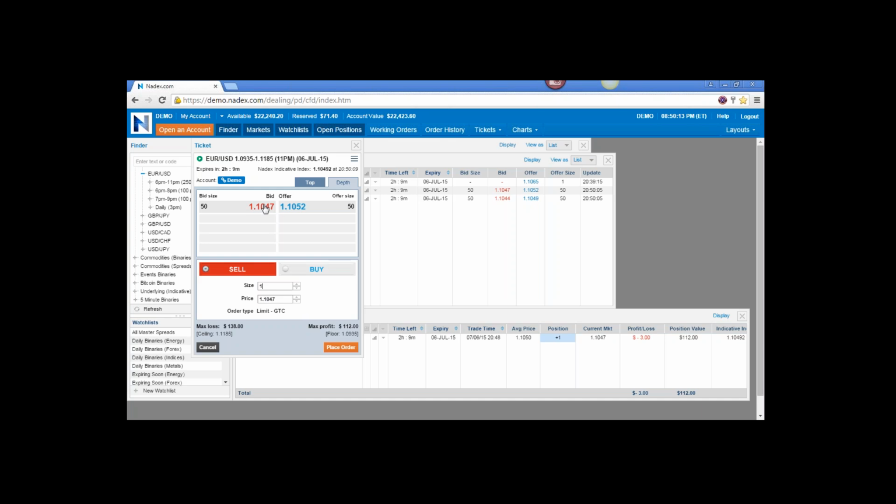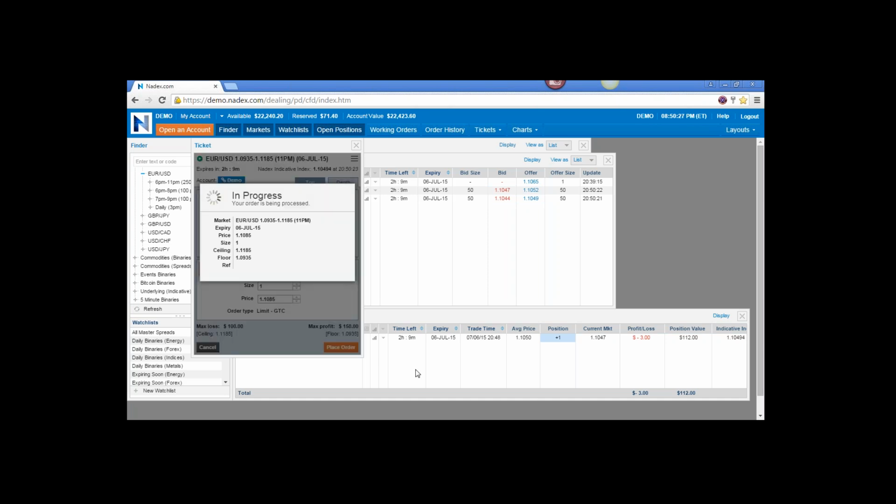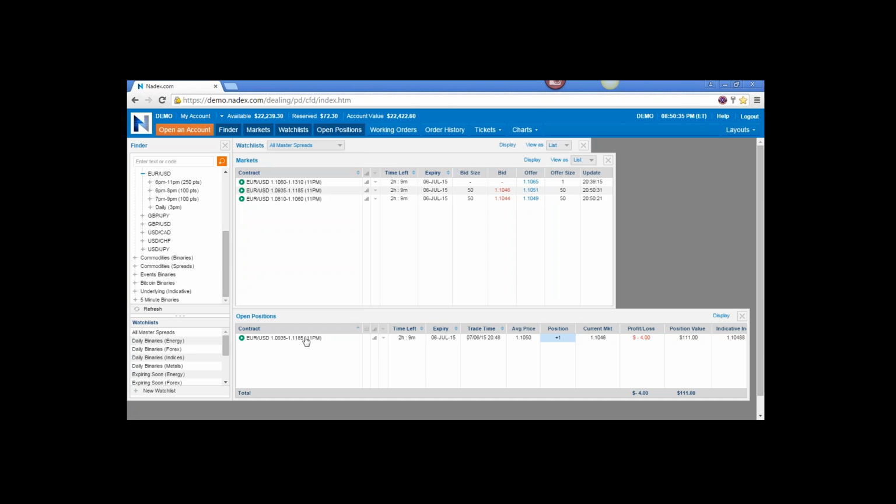Okay? So, but I don't want to sell it for that. I want to sell it for when it gets to 1085. So I place that order. Is the market there yet? No, the market is not there yet. Okay, so this order is still open right here.